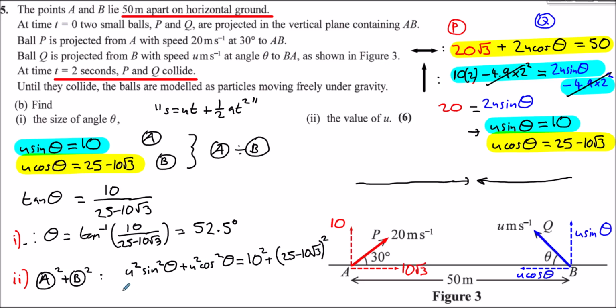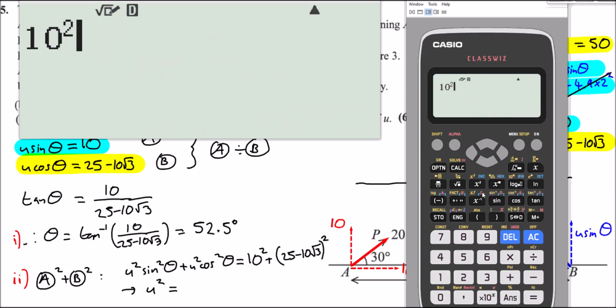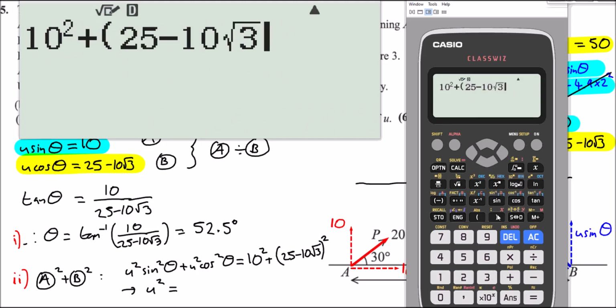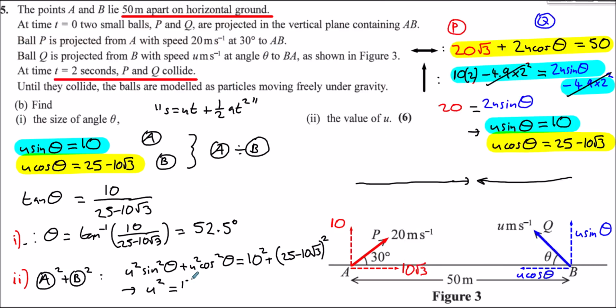So then that just becomes u squared on the left hand side. Over here I can neaten this up. So what is 10 squared plus 25 minus 10 root 3 all squared? Well, let's see. That gives me 158.974, and so on.